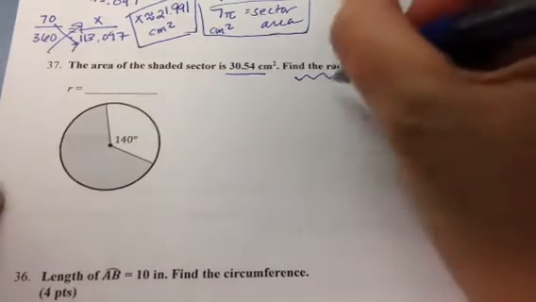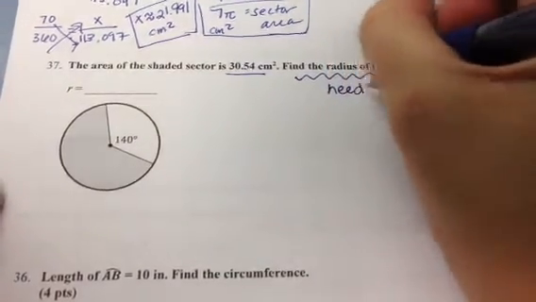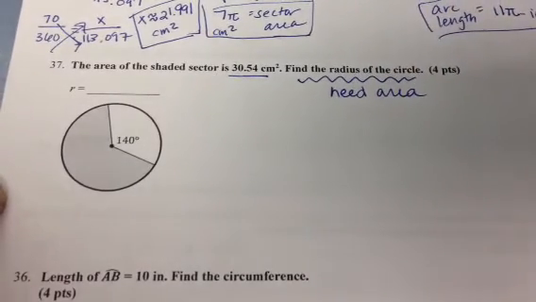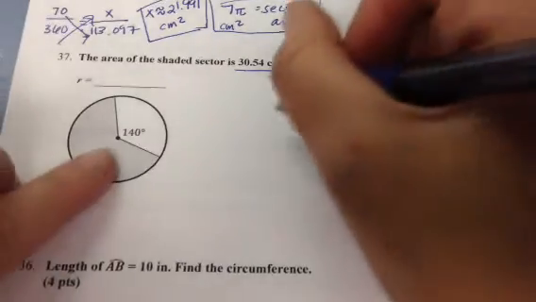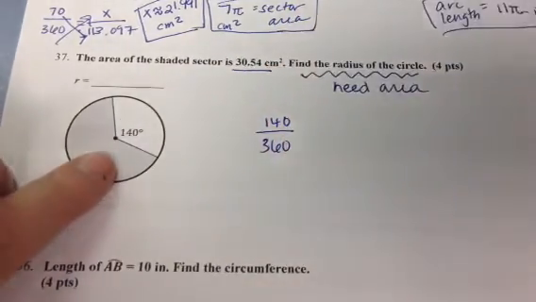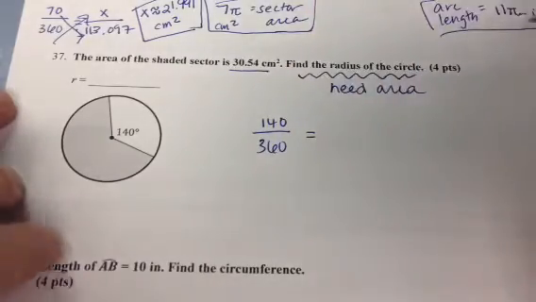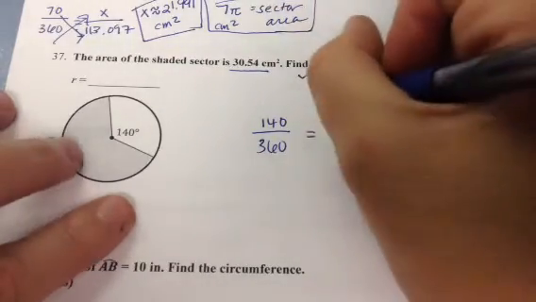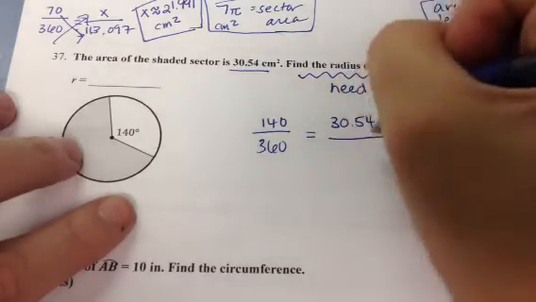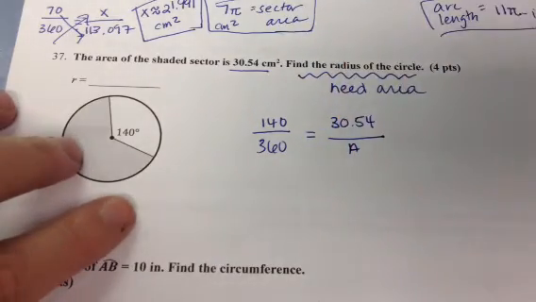So in order to do this, we need the area of the entire circle. So we can use our proportion 140 over 360 is equal to the sector area, which we're told is 30.54, over the circle area, which we don't know. So we can cross multiply.